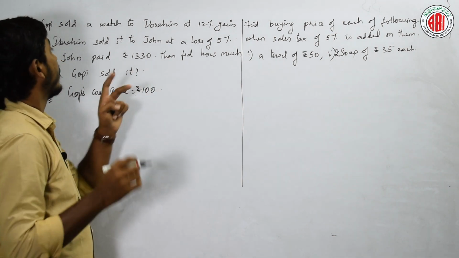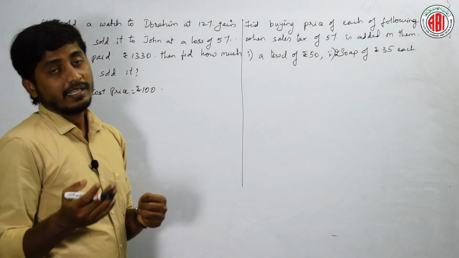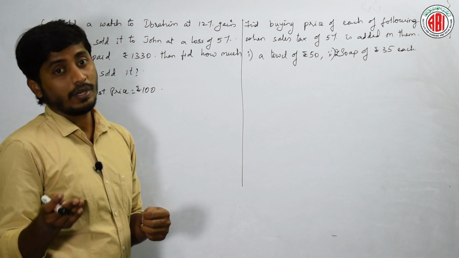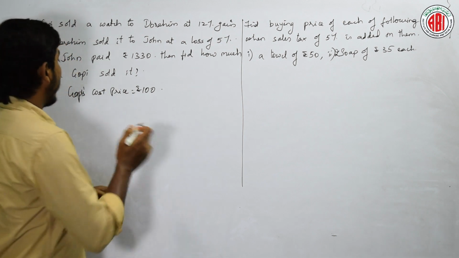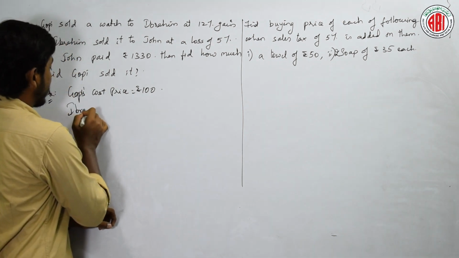Then he is telling that 12% gain he took and he sold it. How much will it be? Tell me. That is Ibrahim's cost price.